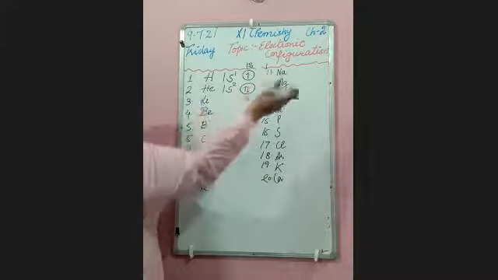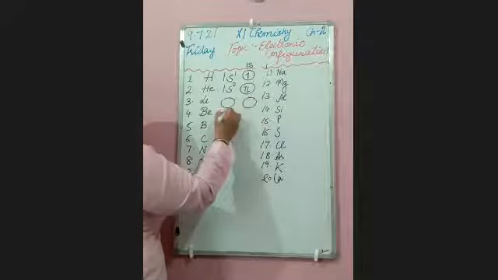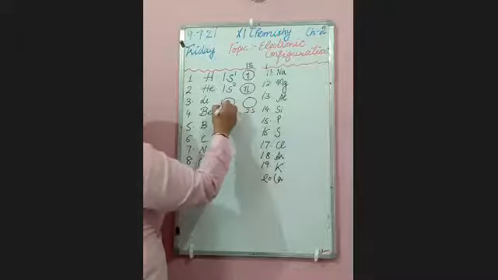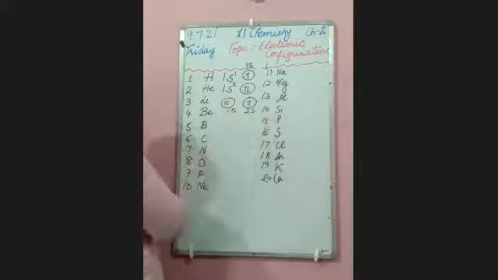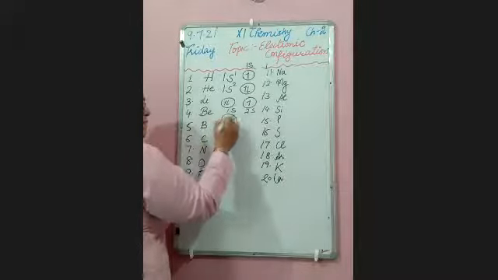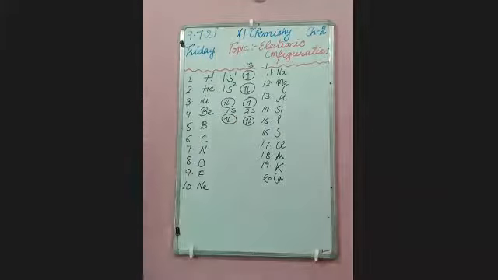Now after 1s, we have to fill 2s. 1s, 2s. It is completely filled. For beryllium, both 1s and 2s are completely filled, and the electrons must be present in opposite spins.